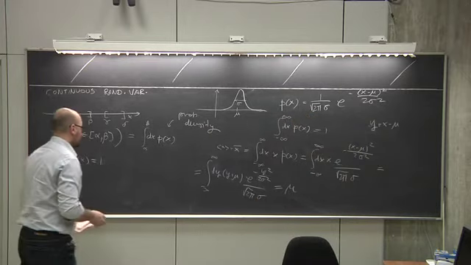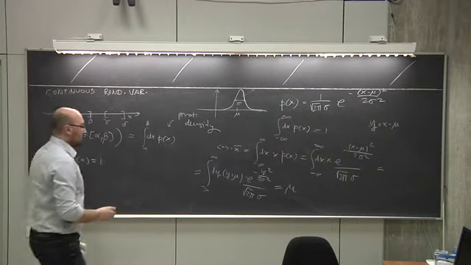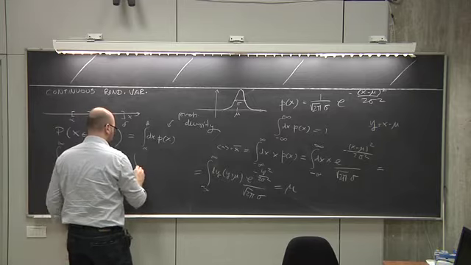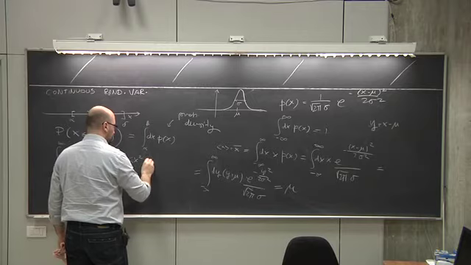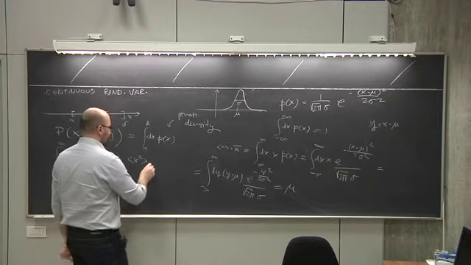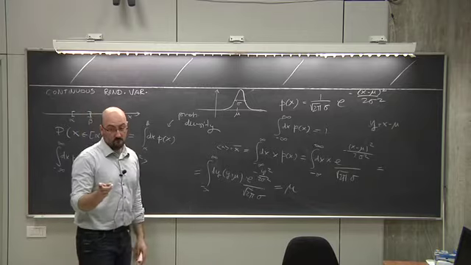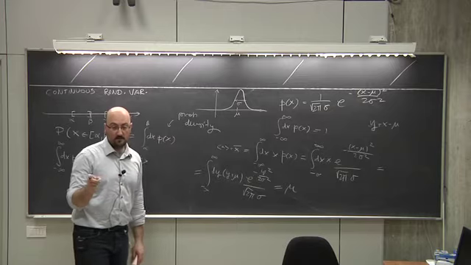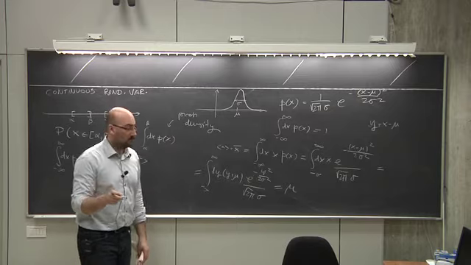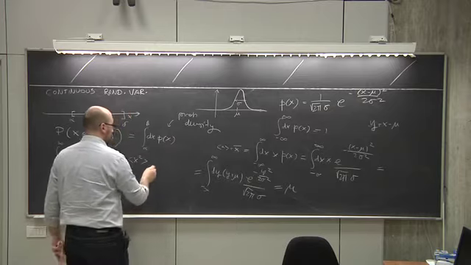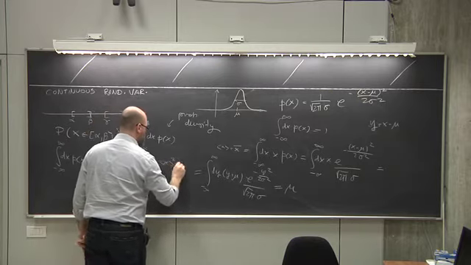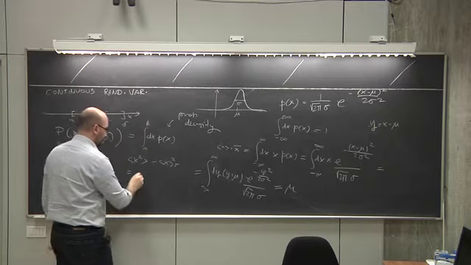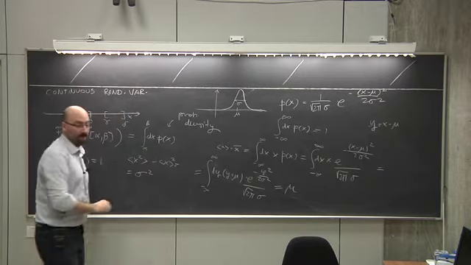I can also calculate the average of x squared, and this you should do as an exercise. Calculate the average of x squared, and when you subtract the square of the average, you find sigma squared.